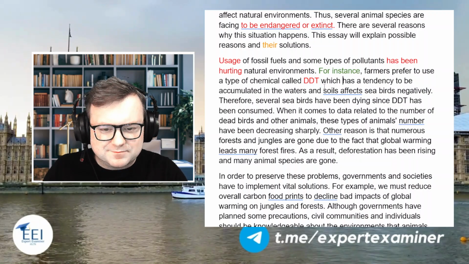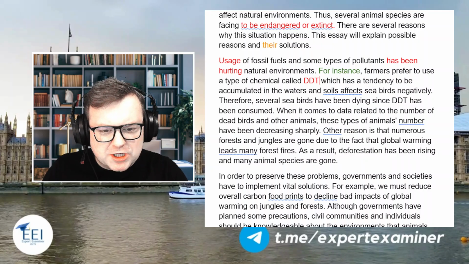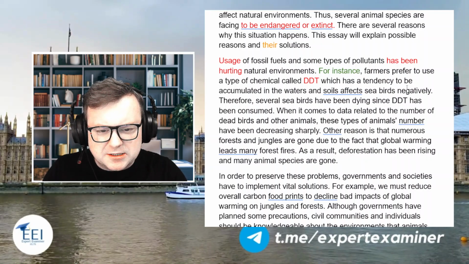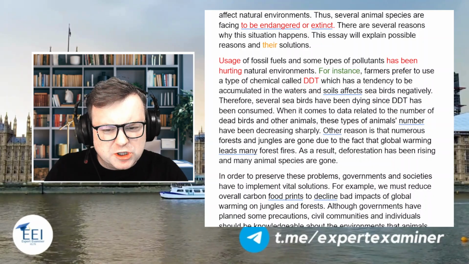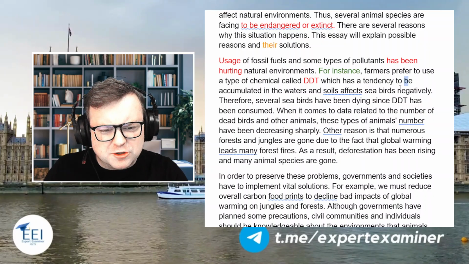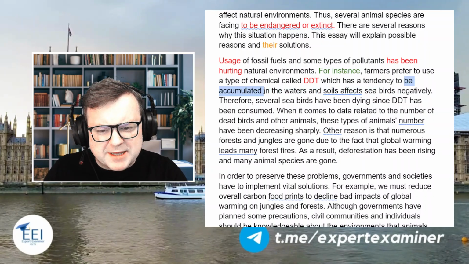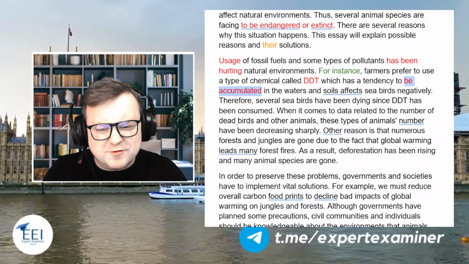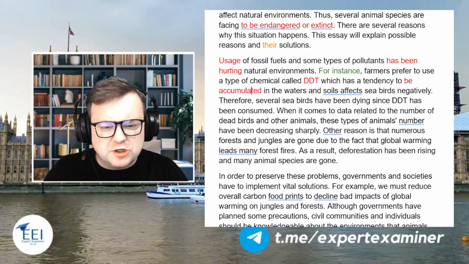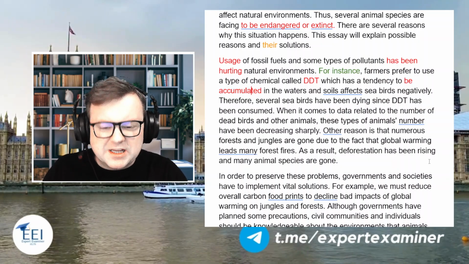Okay. Then the comma, which has a tendency to be accumulated. Why passive? Has a tendency to accumulate, I think you mean, not to be accumulated. So an attempt at the passive, but there's no reason for it to be passive here. Accumulate can be intransitive.